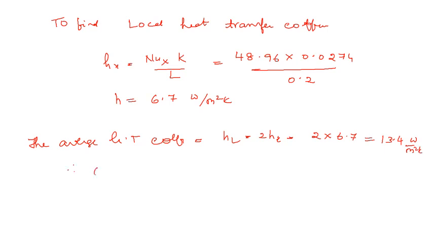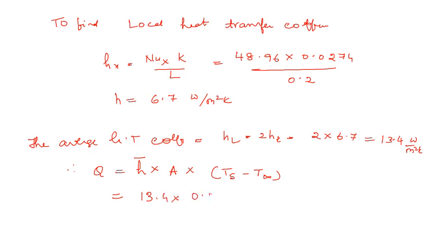Therefore, the next step is to find out the Q value. To find out the Q value it is h, that is the average value, into area, the surface area, and T surface minus T infinity. So h value here, it is 13.4, not 6.7.